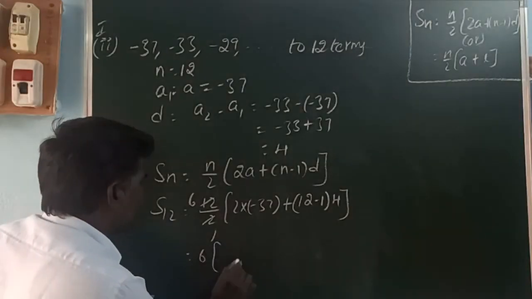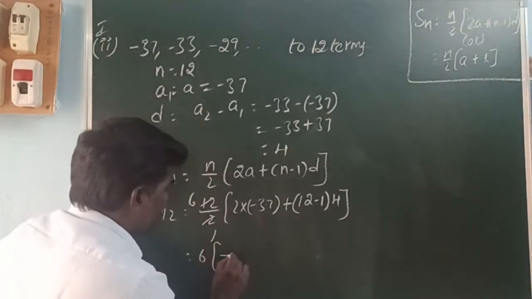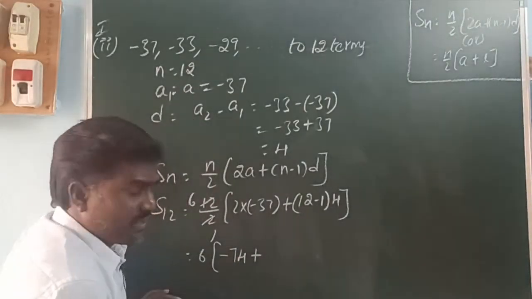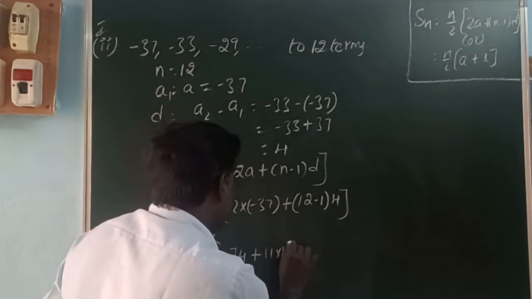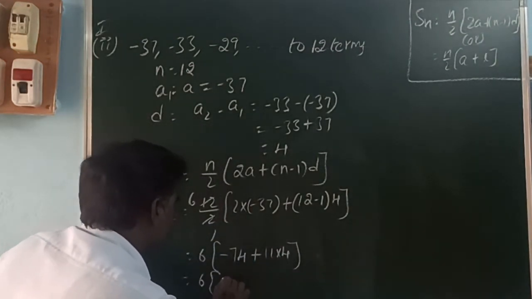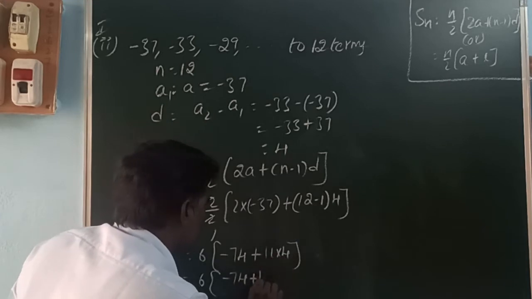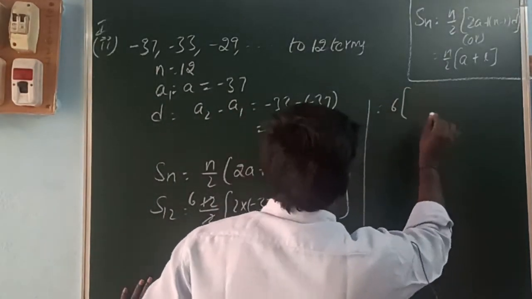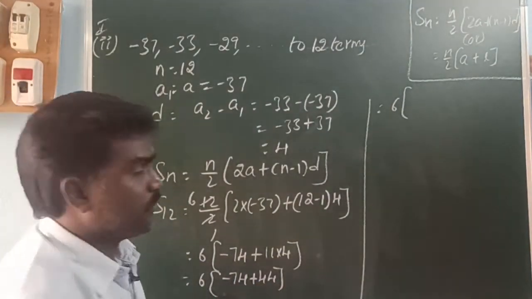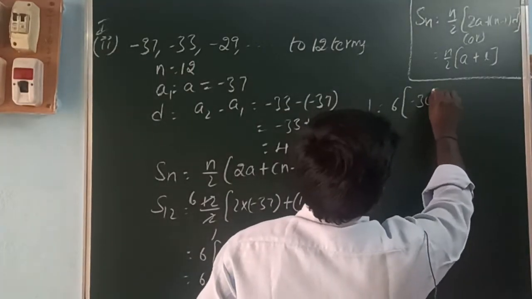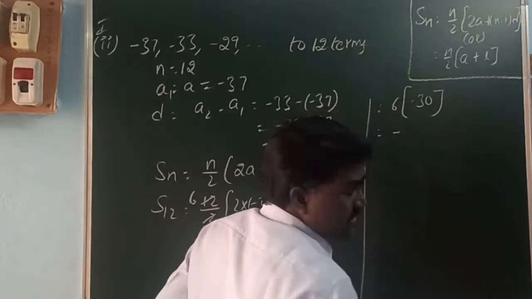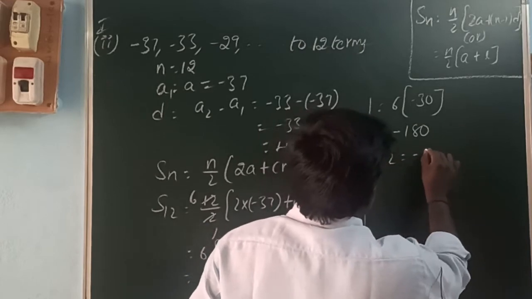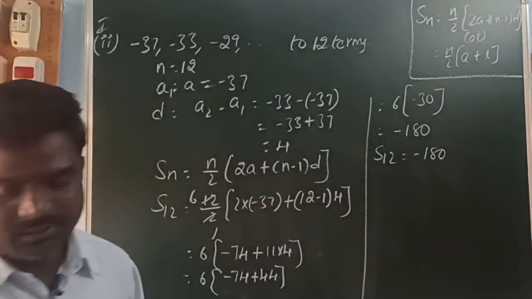So 6 of (2 into minus 37, that is minus 74) plus 11 into 4, that is 44. So 6 of (minus 74 plus 44), how much? Minus 30. So plus into minus means multiply, 6 threes are 18, 180. So the sum of 12 terms of the given AP is minus 180.